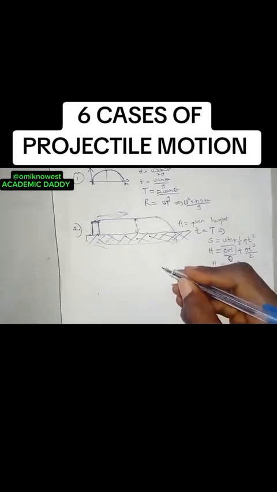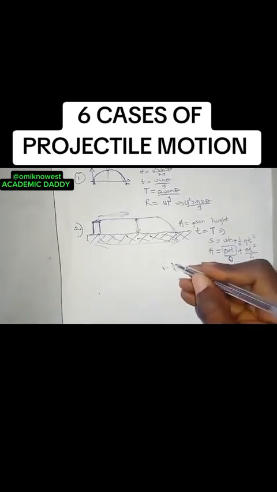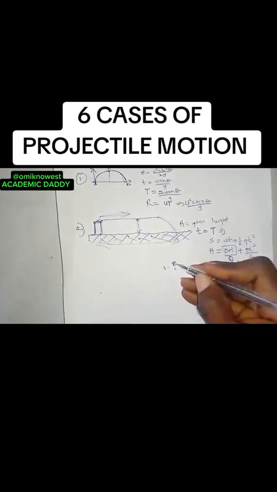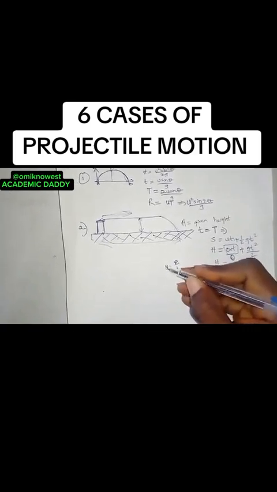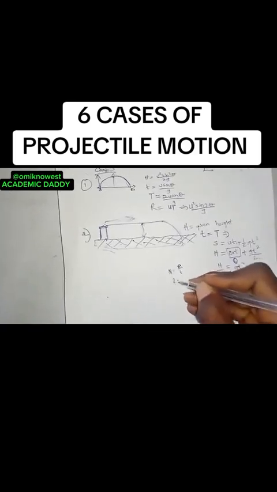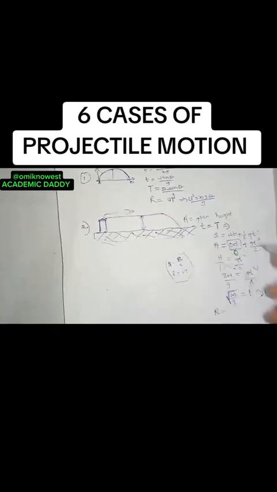You remember that if you have v equals s over t, this s is what we call range, and this v is u. So when you cross multiply, r equals ut. Whatever initial velocity you are given, times the time, and the time here is root 2h over g. So r here will simply be u times root 2h over g.